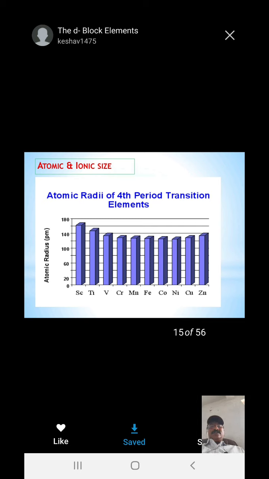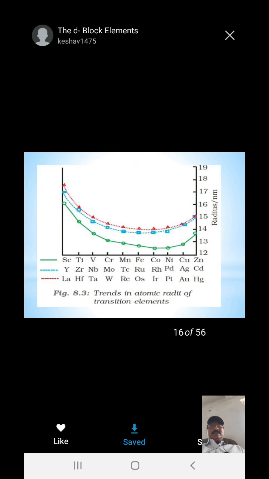After that, there is a little bit of increase in atomic size, because copper and zinc both contain completely filled d orbitals. Whatever I explained is shown in the graph.